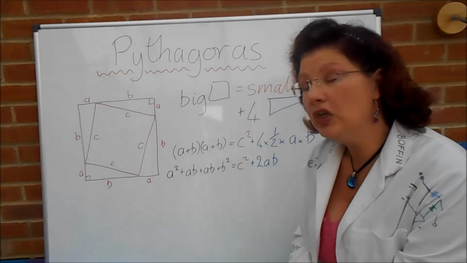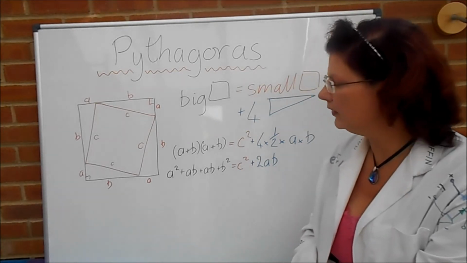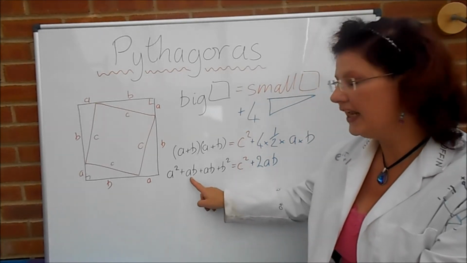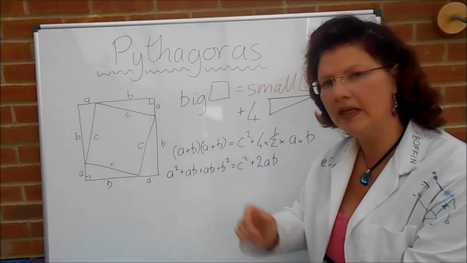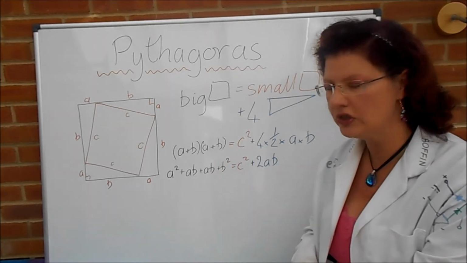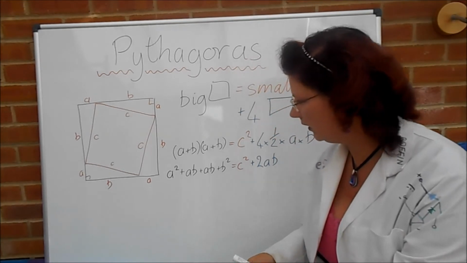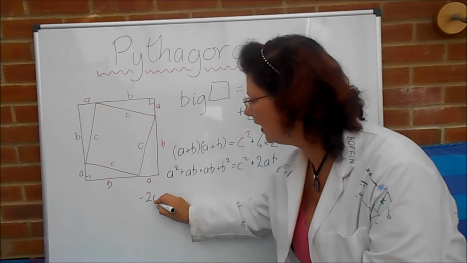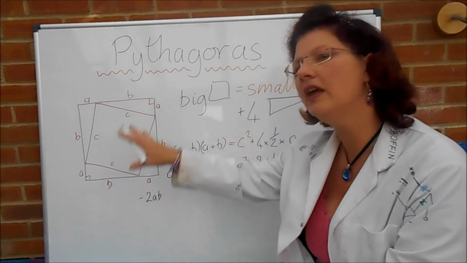Now the eagle-eyed among you will have spotted that some of the things cancel on here. We've got an AB plus an AB, that's 2AB, and over here we've got a 2AB. So we are going to subtract 2AB from that side, and whatever you do on the left you do on the right.